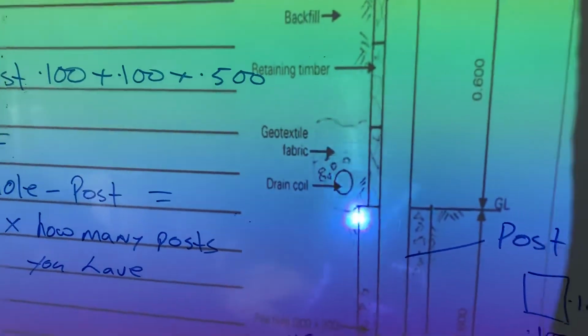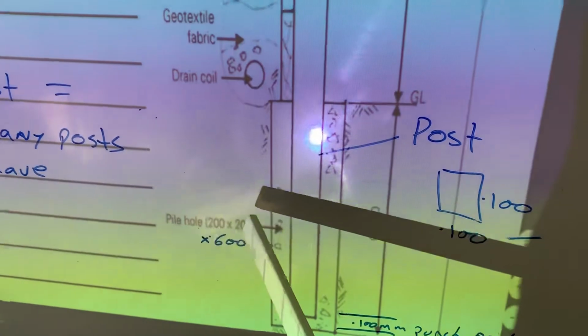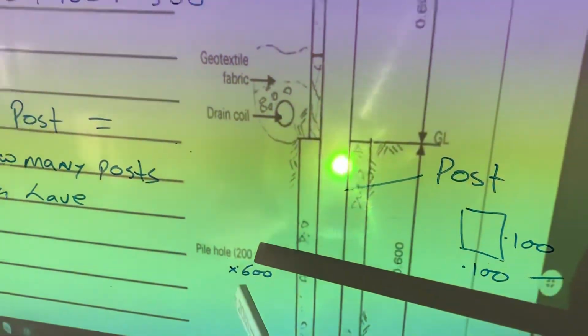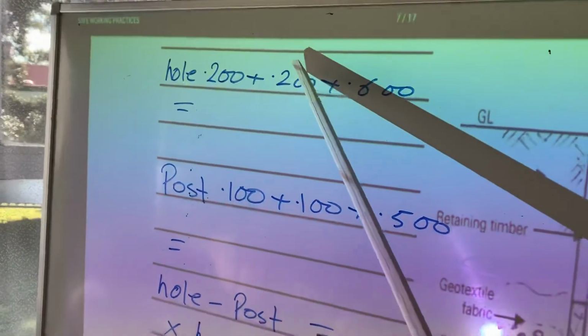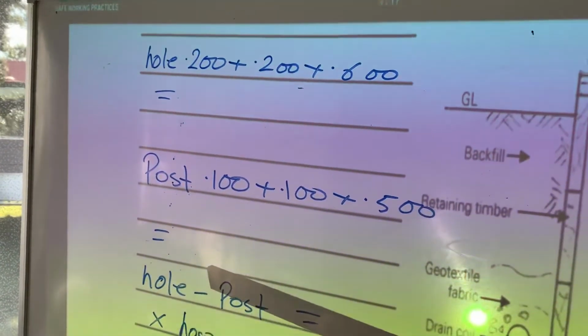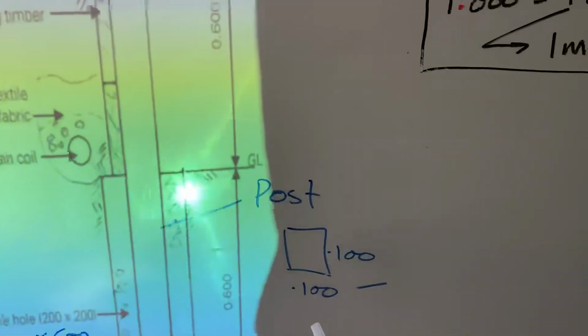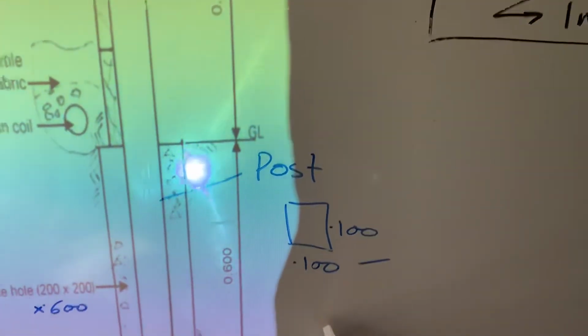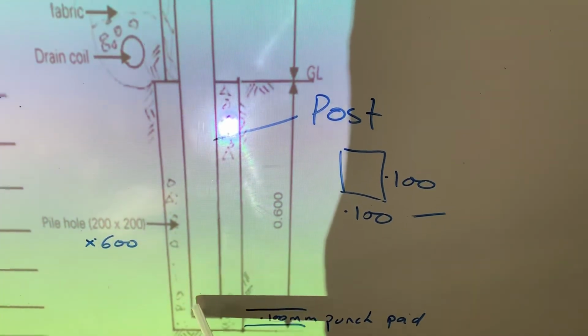Let's go through that again. The hole is 200 by 200 by 600. You calculate that this way: 0.2 times 0.2 times 0.600. You write that down. Our post is 100 by 100, and it's going to go into the hole 500 because of that 100 mil punch pad.